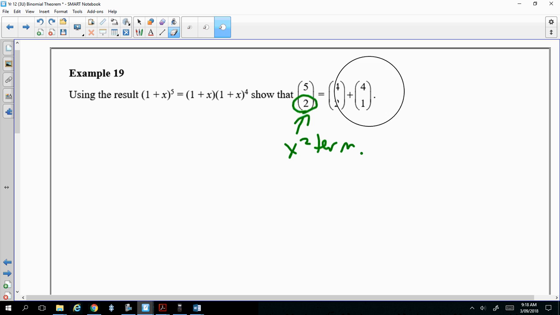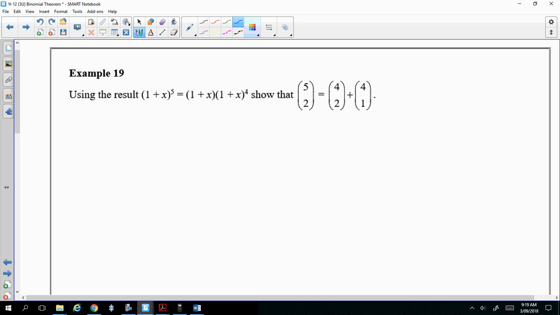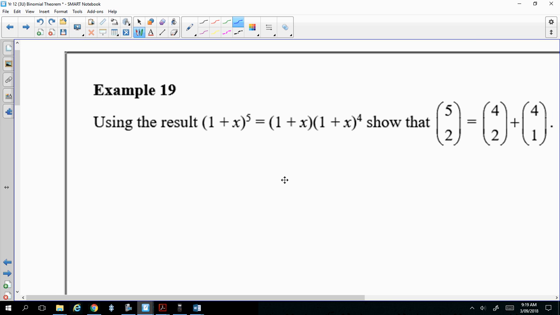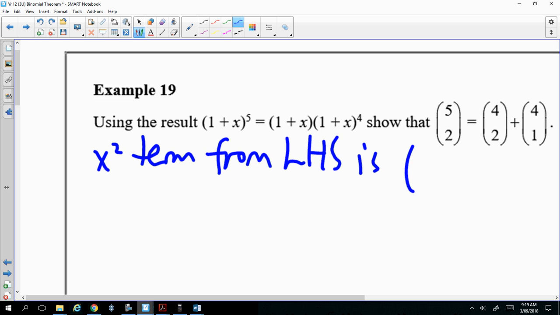So clearly this is the x squared term, so you write x squared term from left-hand side is 5 to x squared, right? Because that's 5, so 5 to x squared. And then you write x squared term from right-hand side.